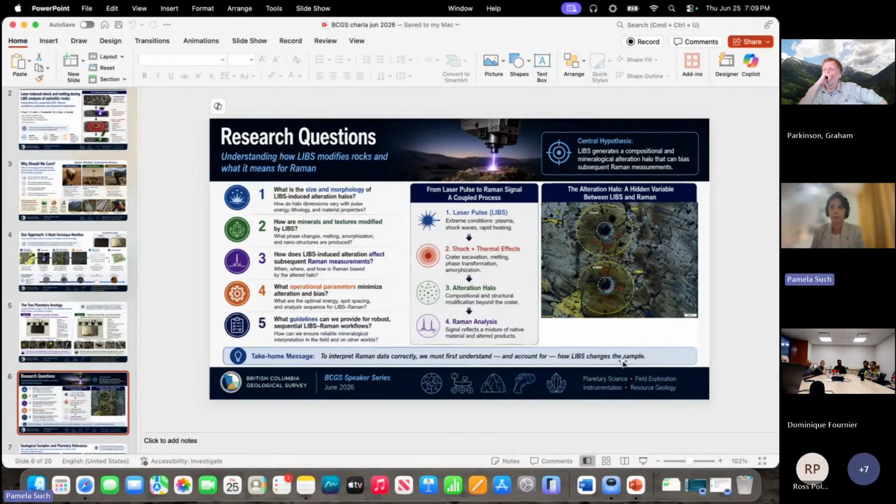So when you want to explore in space, you try to choose instruments that can give you the most information. For example, LIBS, as I explained, gives you the elemental composition, and Raman the mineralogical composition, so you have a broader spectrum of data to understand the geology of the area you're studying.